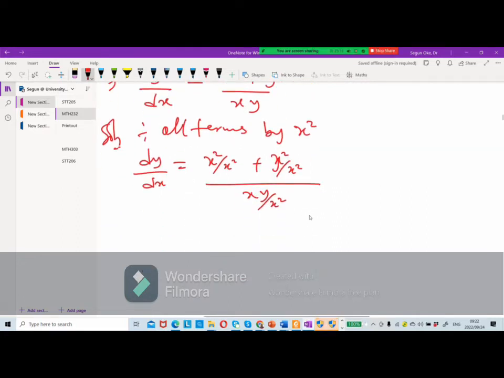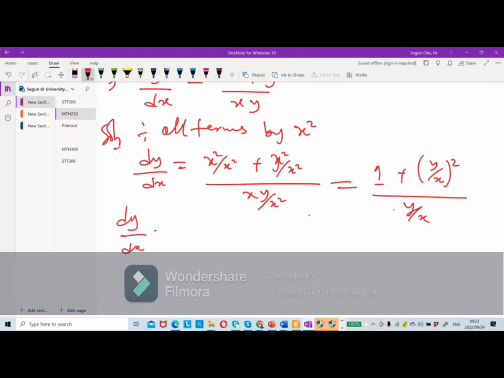So at the end of the day, I will have 1 plus (y over x) all squared, divided by y over x. So I have dy/dx to be like this. That means dy/dx equals 1 plus (y over x) squared divided by y over x.